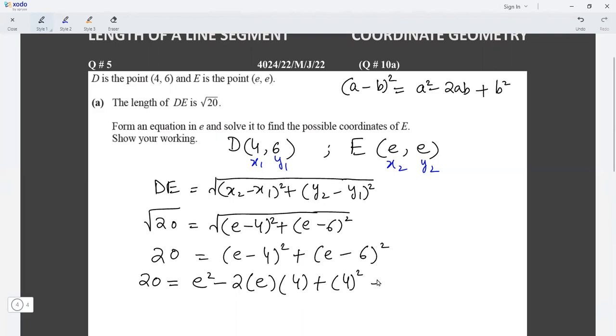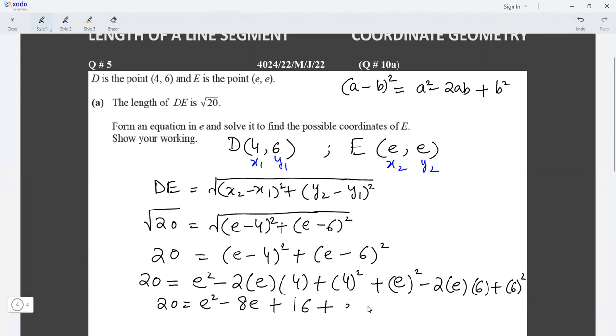Then e squared minus 2 times e times 6 plus 6 squared. So 20 equals e squared minus 8e plus 16, then plus e squared minus 12e plus 36.